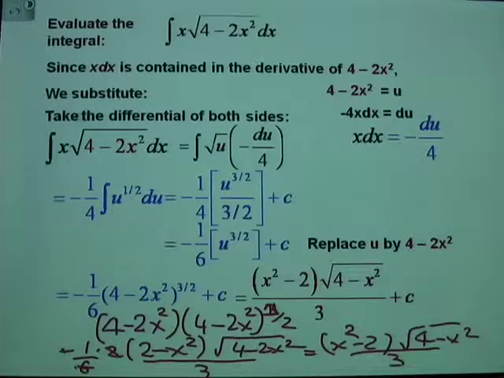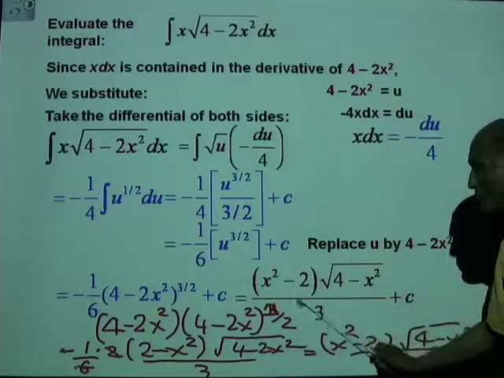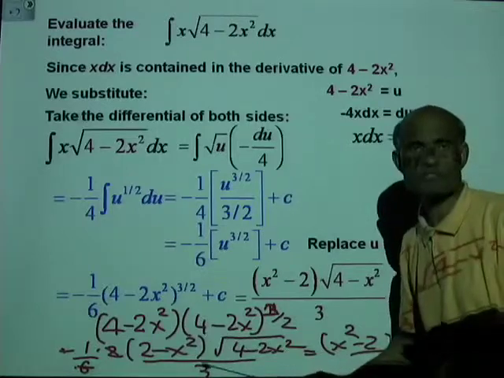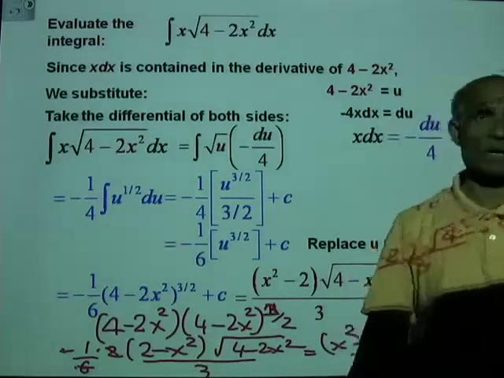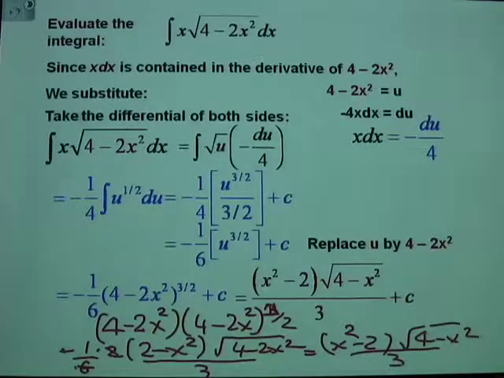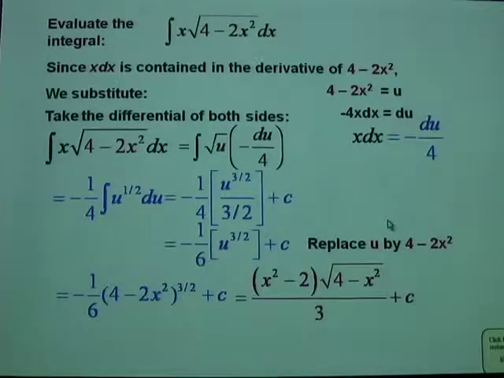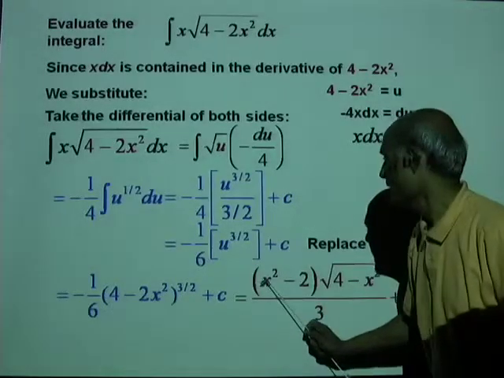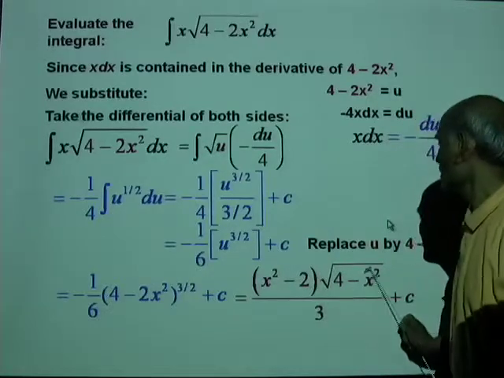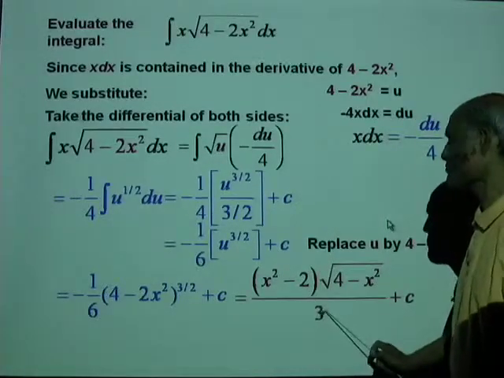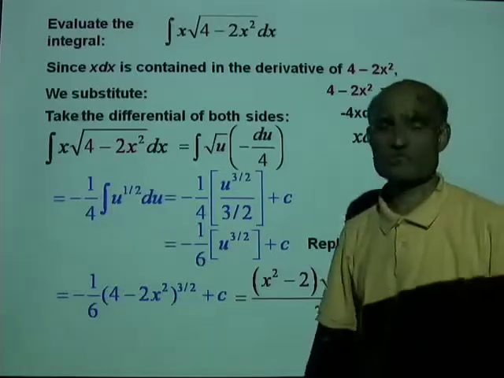That's how that became this. I want you to learn these kinds of simplifications. Alright, so the final result is x squared minus 2 times square root 4 minus x squared over 3 plus c.